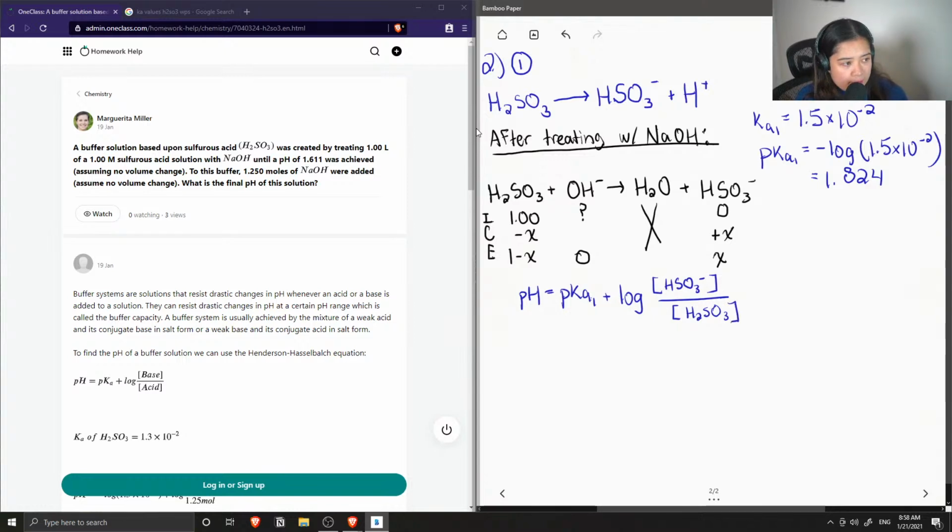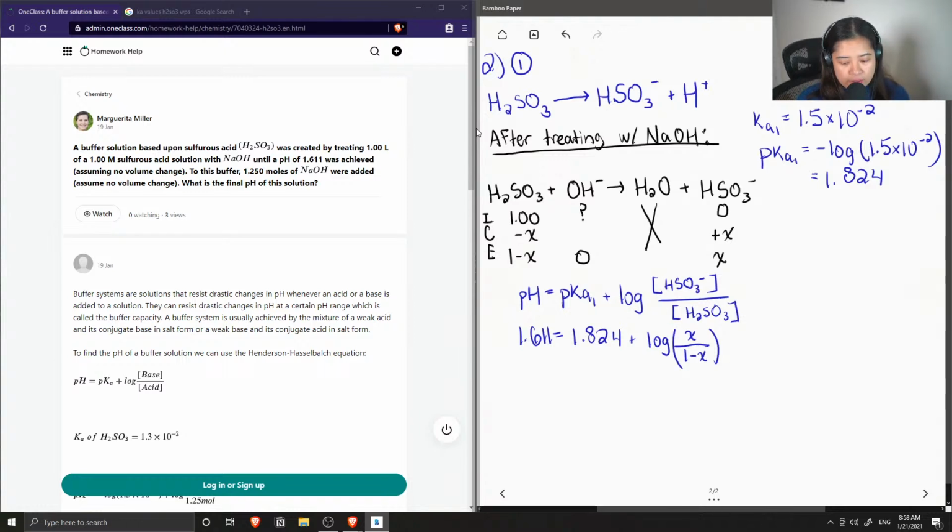And they said that the pH was 1.611, and we know the pKa was 1.824 plus log. And then for the concentration of HSO3 minus, I'm going to sub in my X divided by 1 minus X for the concentration of the acid.